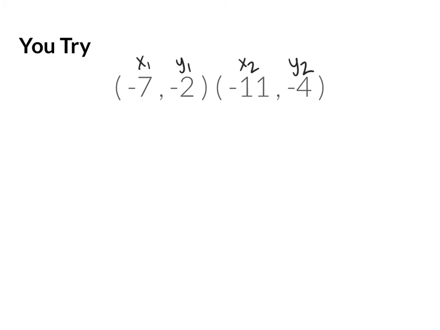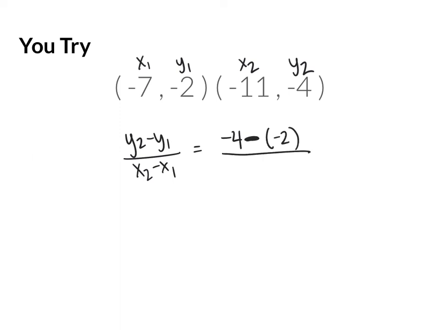I start by labeling my points, x1, y1, x2, y2. And then I write my formula down that I'm going to be substituting these numbers in for. For y2, that's a -4 minus my y1, which is -2, over x2 minus x1. I have some double signs here.